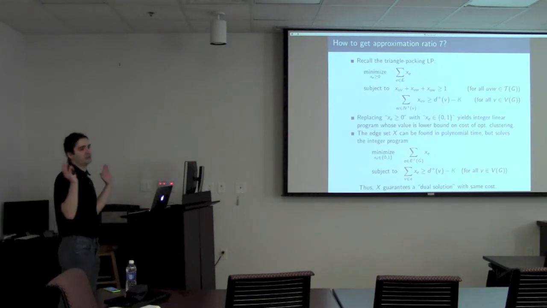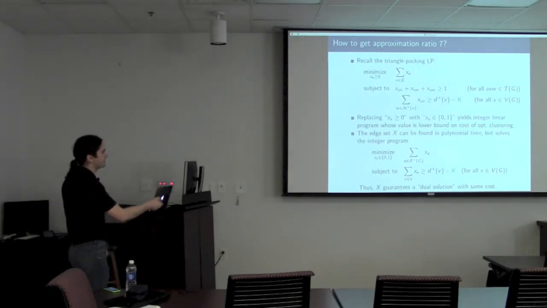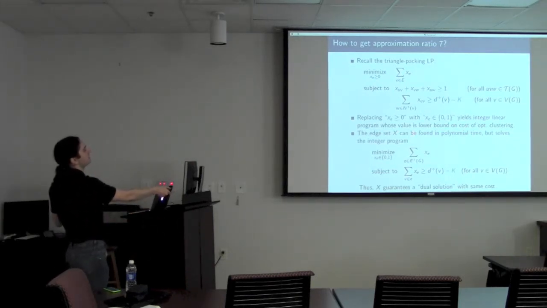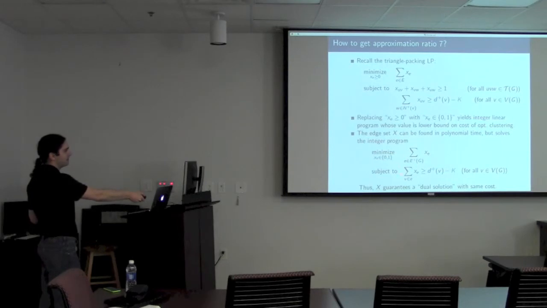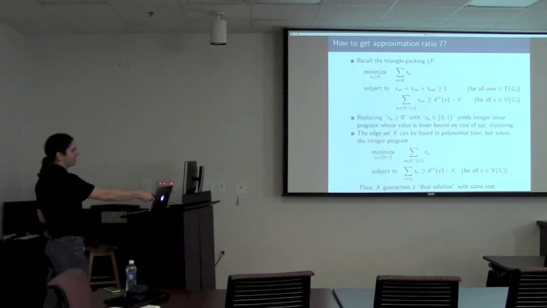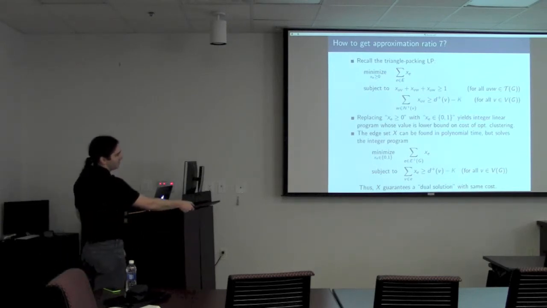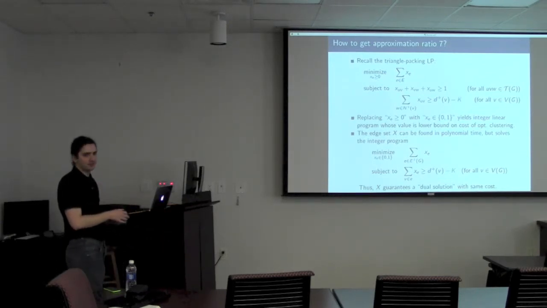And in general, we think of integer programs as being hopeless. But you notice that x itself solves an integer program, which is to minimize over 0, 1 variables, subject to this positive cost being at least d minus k. And I'm using scare quotes here around dual solution.